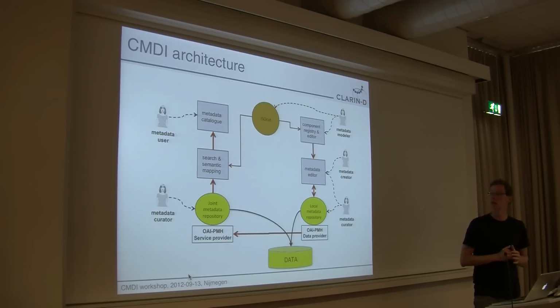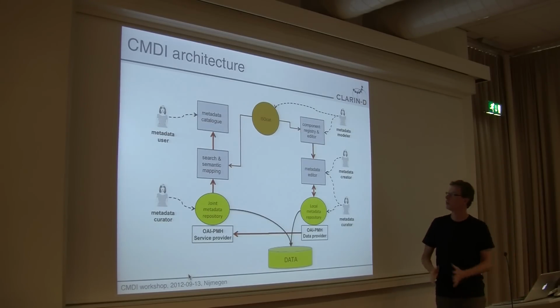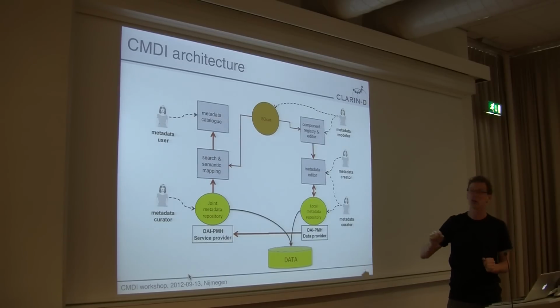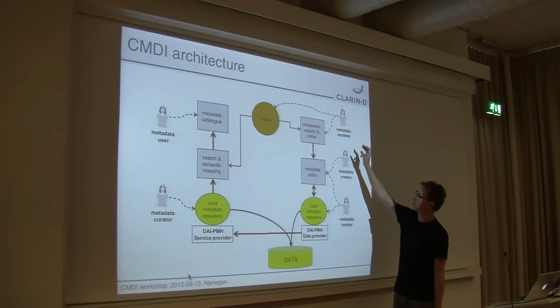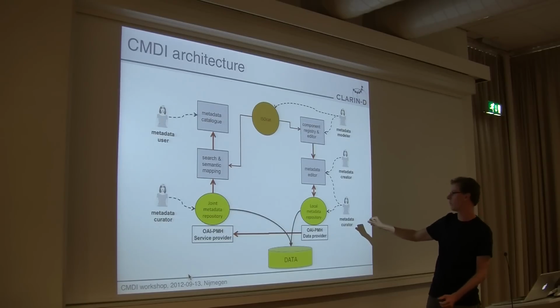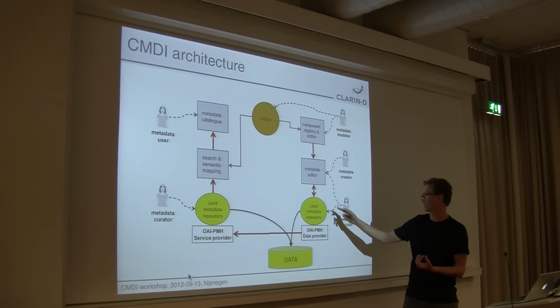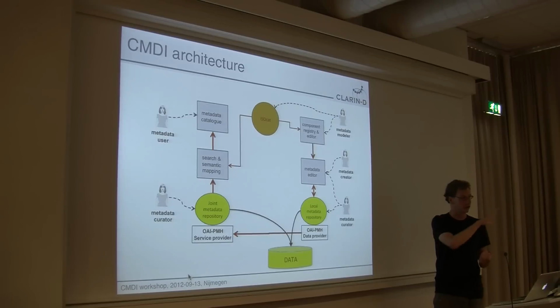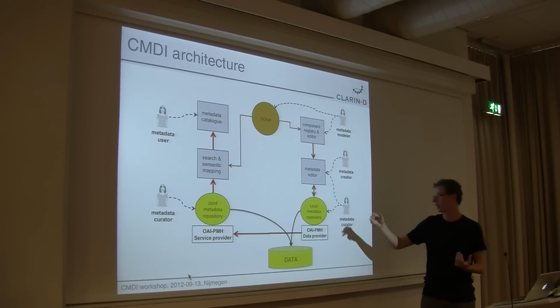Okay, and then we get back to basically the background of the Virtual Language Observatory, and that's the whole CMDI architecture. This is a kind of diagram that will come back over the day a few more times. Basically what you see here is the whole cycle from the metadata modeling to the creation of the metadata to the storage of the metadata in a local metadata repository. So that could be one of the CLARIN-NL centers in which you are active, or the CLARIN centers.